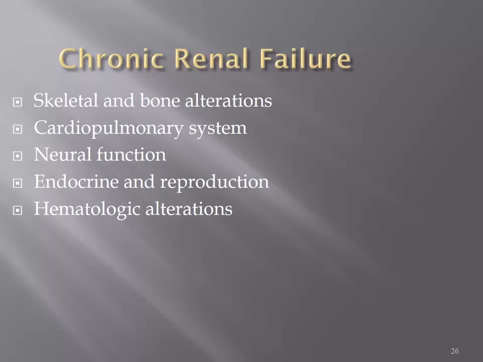Skeletal and bone alterations will occur, losing calcium. Cardiopulmonary manifestation, neural function, endocrine and reproduction are affected, and erythropoietin production will decrease or cease. From here, hematologic alterations will occur.